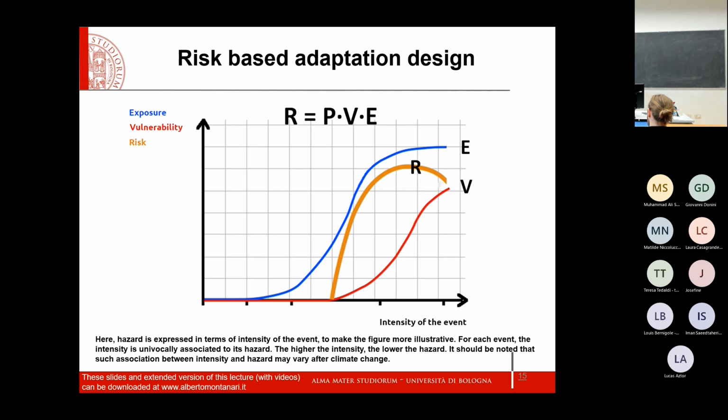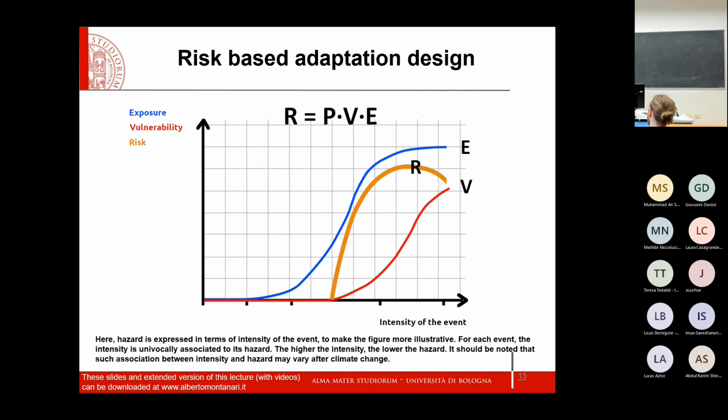And then we may assign high priority to protection against this event. Or we may use this representation to study how to combine adaptation actions to decrease risk over the whole extent of probabilities and event intensities.